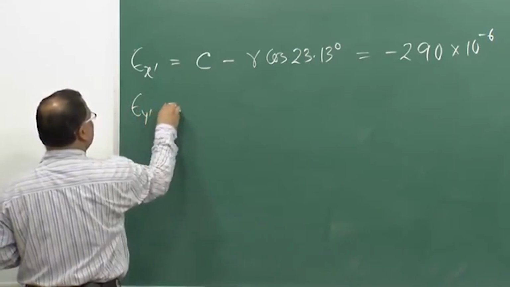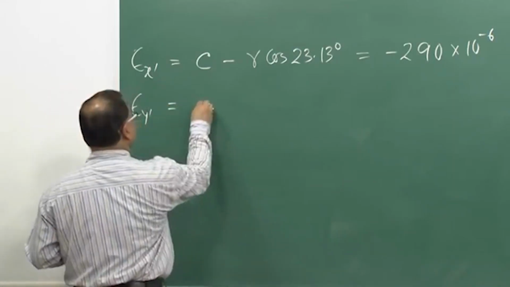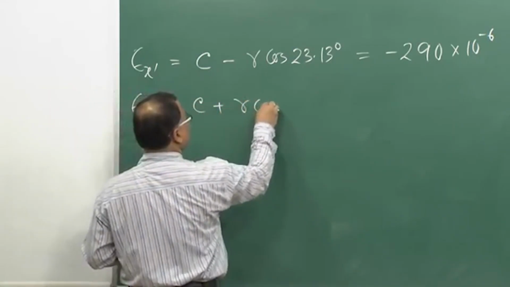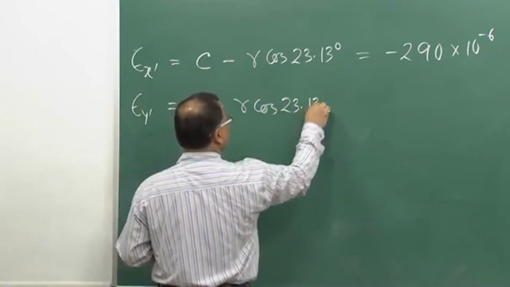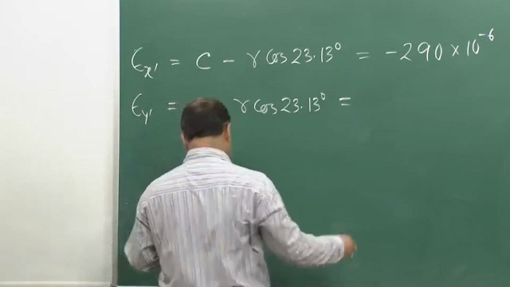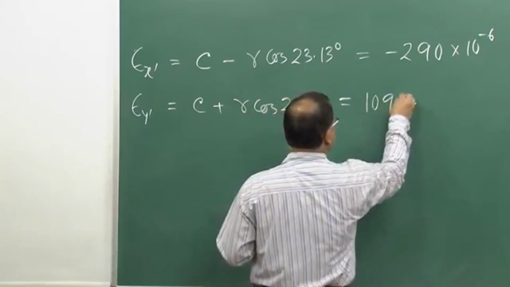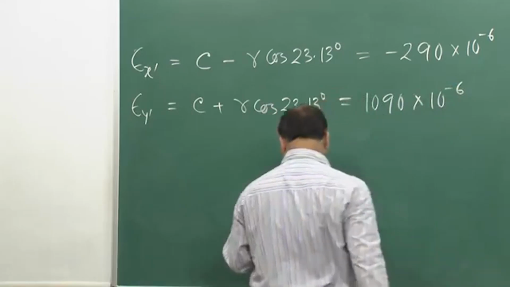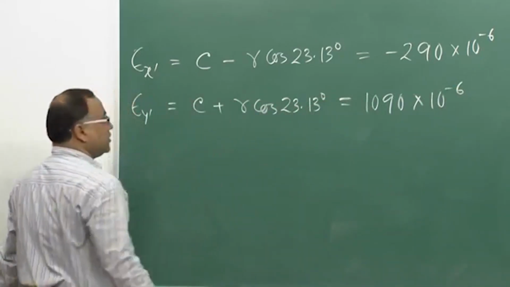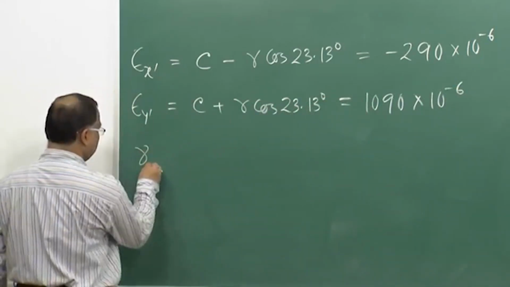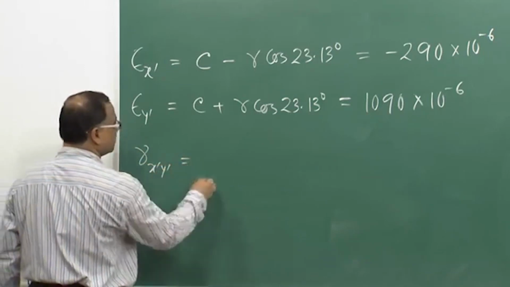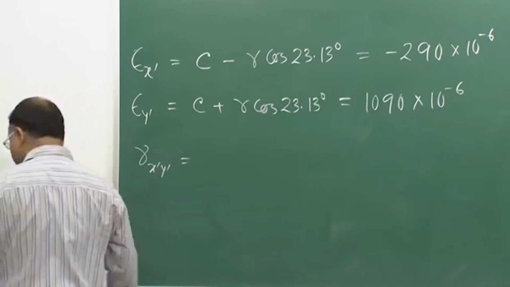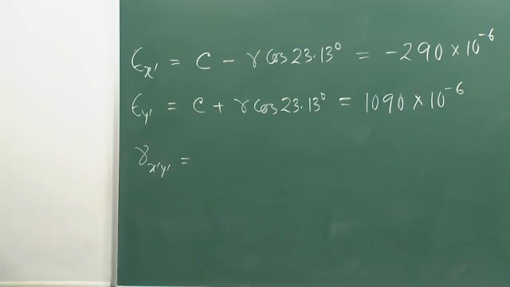Epsilon y prime, similarly, C plus r cos 23.13 degree, that is coming as 1090 into 10 to the power minus 6. And what about gamma x prime y prime, because that is the next thing we are going to find out.